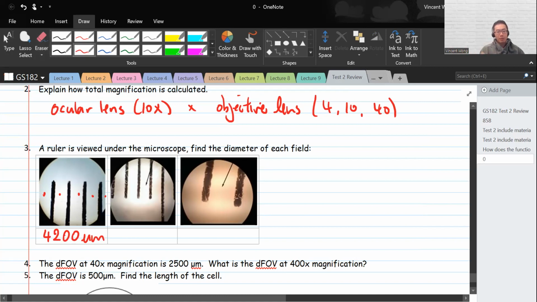But if you multiply by 1,000, it's going to give you the micrometers. This one was 1, 2, 3, 4, 5. That's 5,000 micrometers, right? 5 millimeters if you want. That's like 1, 2.5 here. So 2,500 micrometers. All right.